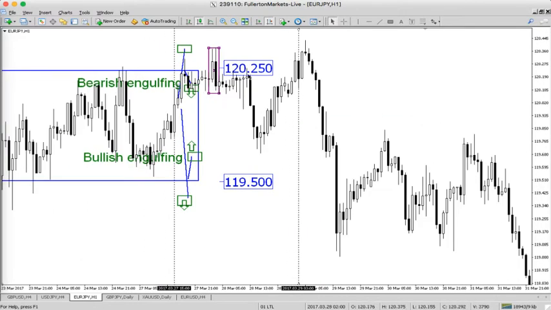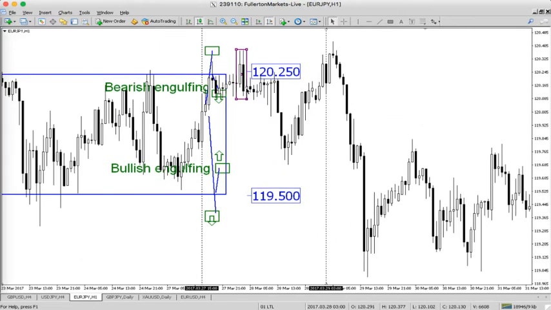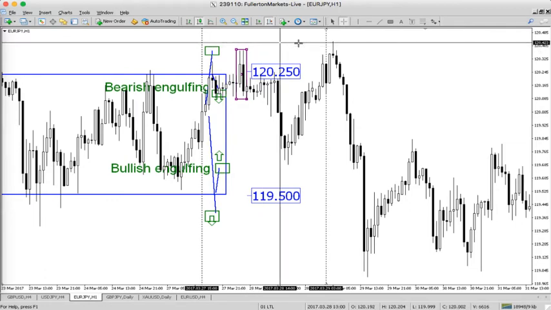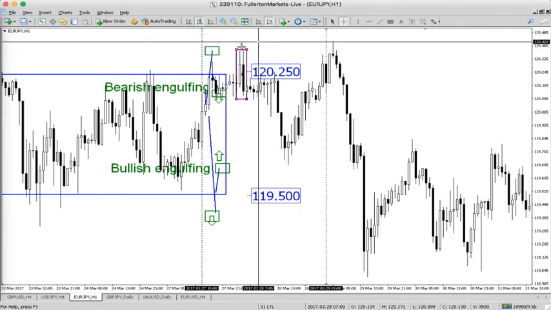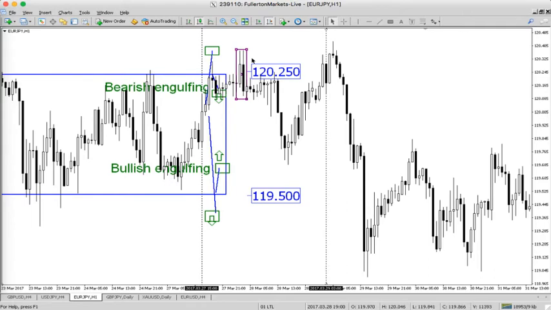So over here you have taken a short. Hopefully you have not placed such a tight stop, which is just a few pips above. If you have taken a tight stop, most likely after the drop, if you have not exited and it goes up, you will have taken your trade out before it goes down again.